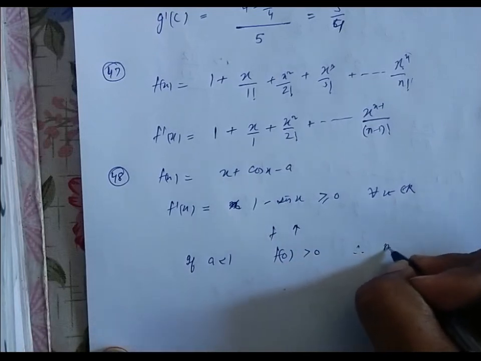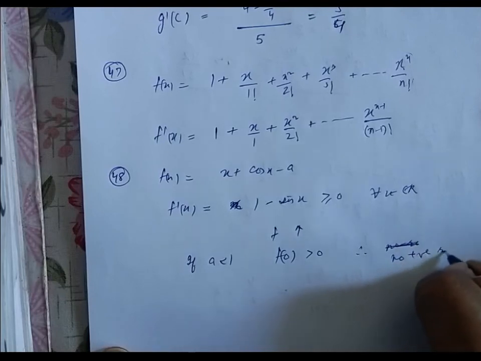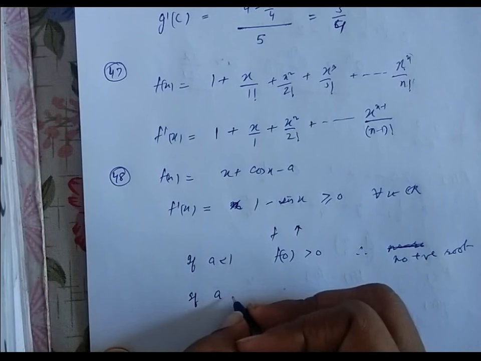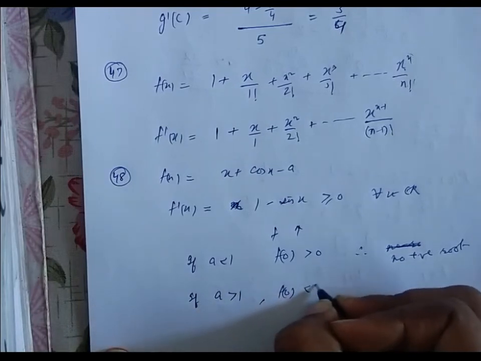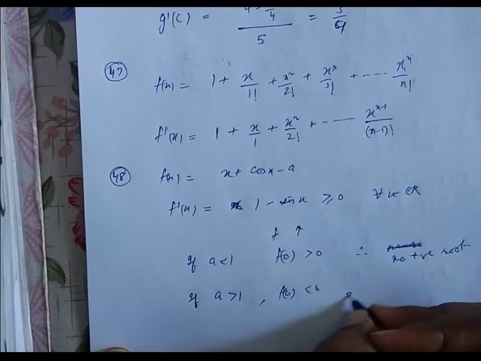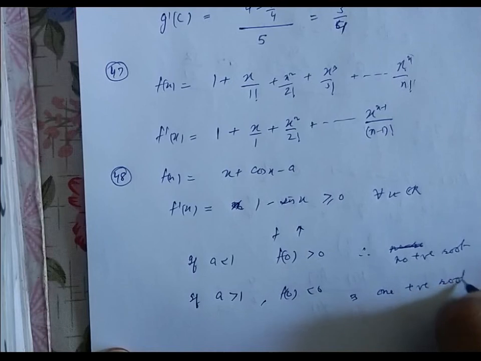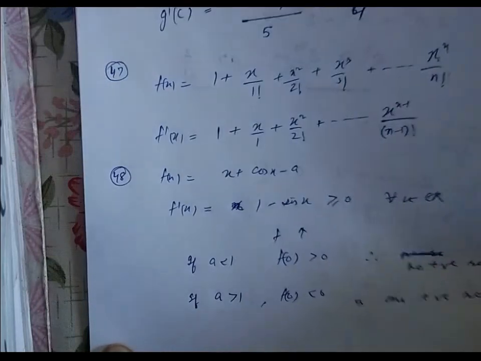Therefore no positive root. Okay. And if a is greater than 1, then f0 will be less than 0. This implies one positive root will be there. Okay. Moving on to the next question, question number 49.